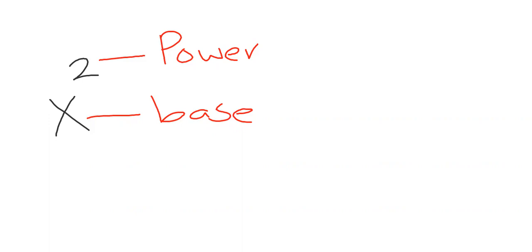To solve indices, there are 8 rules or laws that you have to know as a student, that you are going to use in your indices questions, depending on the question that you are given.